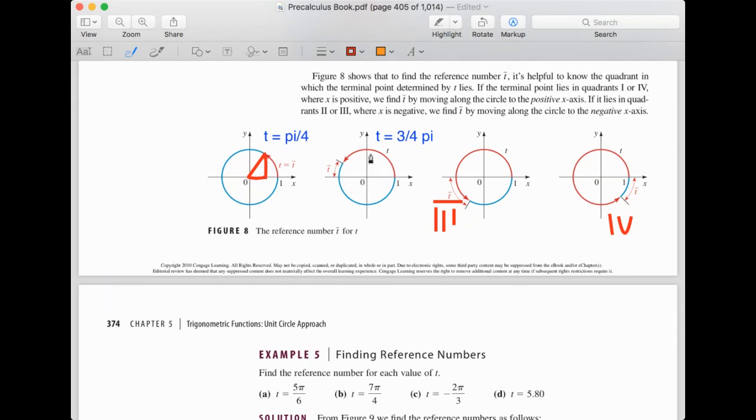Similarly, if it happened in the second quadrant, you can also make a triangle. The triangle is the same thing. I'm going to connect the point with the origin. It's one line. Then I'm going to drop a perpendicular line from the point. So we see a triangle in the second quadrant.